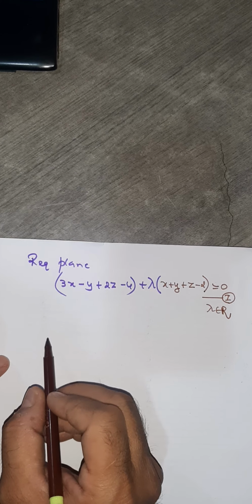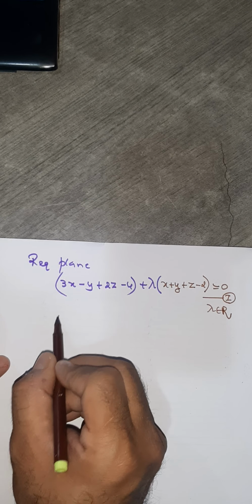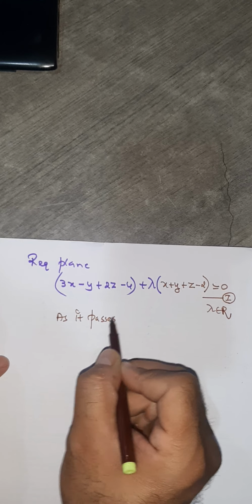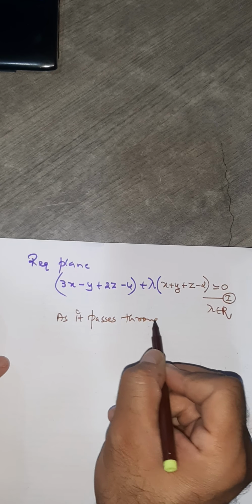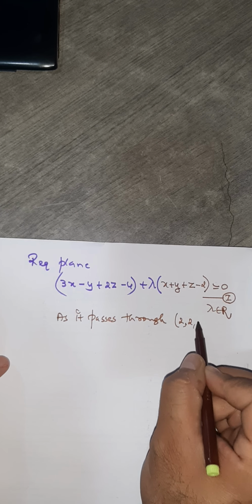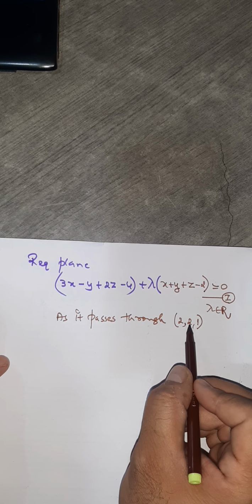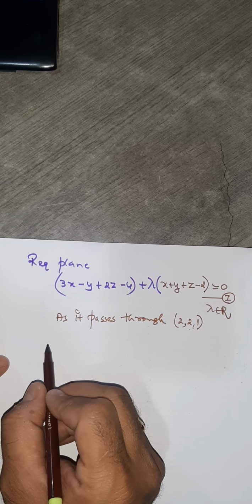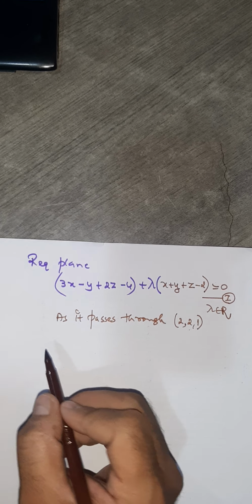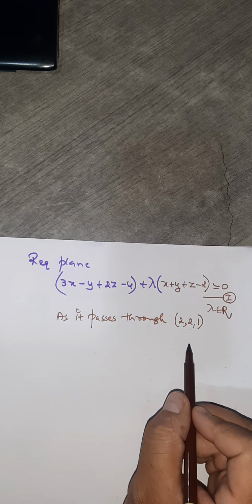Go through the theory. So now I'll write this plane as it passes through the required point you are given in the question. Where does it pass through? You are given one point, (2, 2, 1). This plane passes through this point. That means this point satisfies the equation of the plane. Fine. So here, if I try to draw the diagram, you will probably realize.